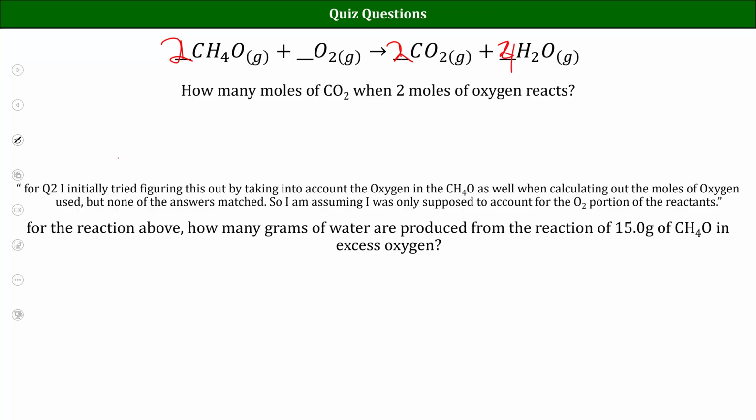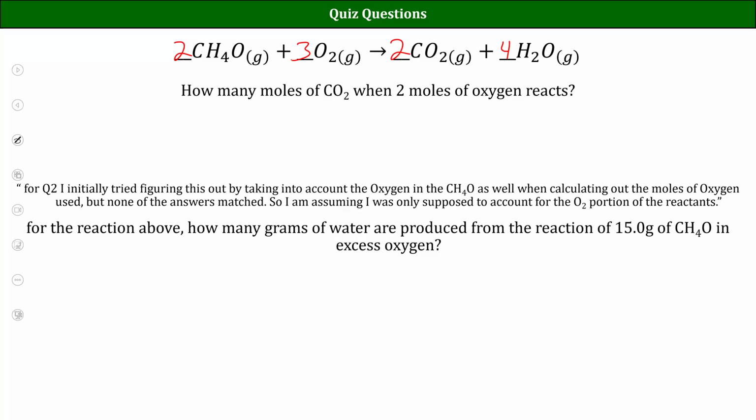That's ugly, let me clean it up. 2, 2, 4. Now I've got a total of 4 and another 4, so 8 oxygens on the right. We have 2 there already, so I need another 6 oxygens, which makes 3 O2 molecules.